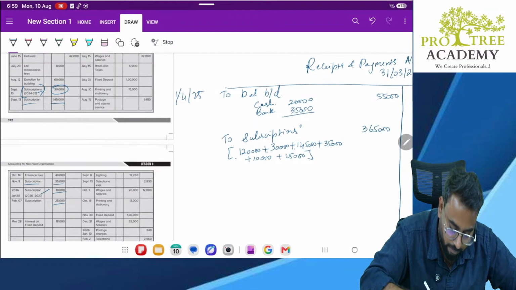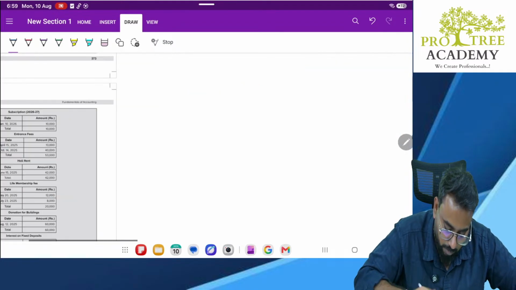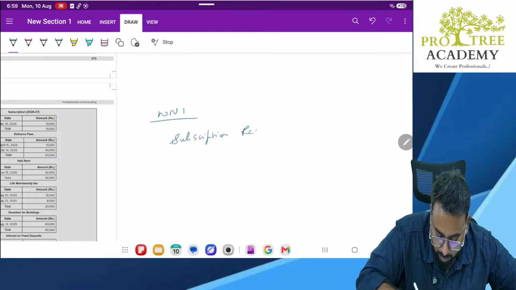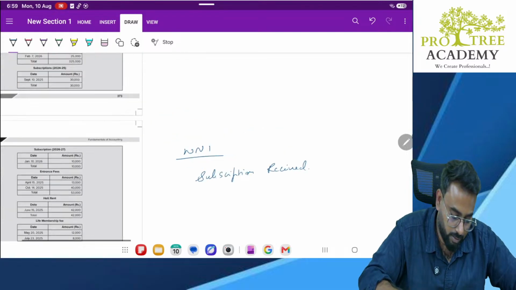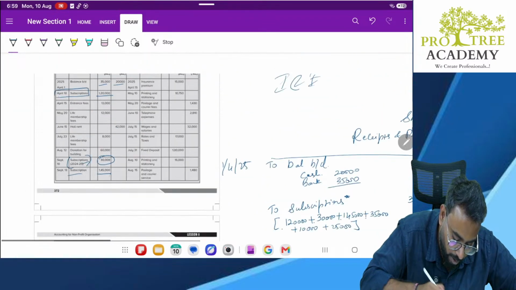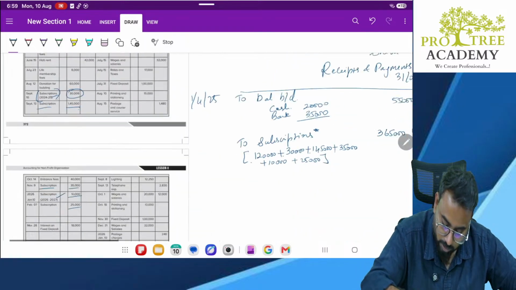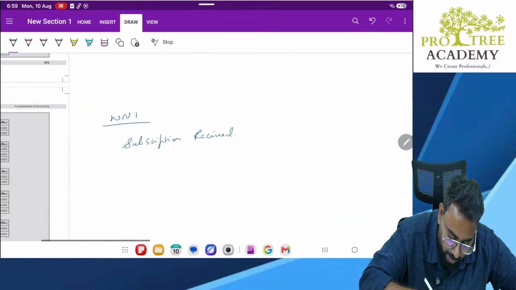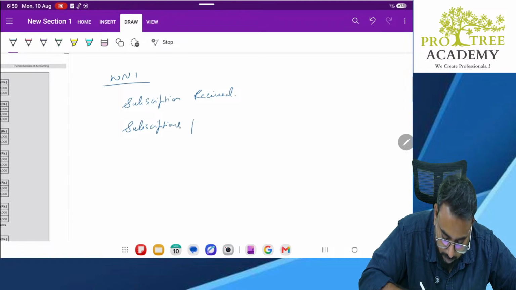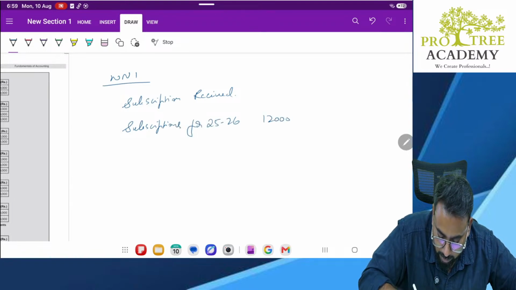Let's see how we can prepare a working note. Number 1. Subscription received. If you want, I can prepare a note also. Yes, let's prepare a note. Subscription first, how much? 1,20,000. Because they have not given anything in the bracket, we'll assume that it is subscription for 25-26, 1,20,000.